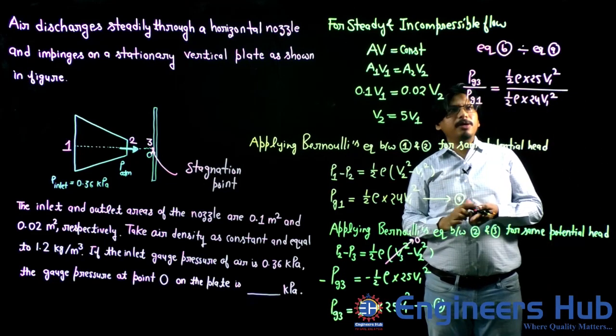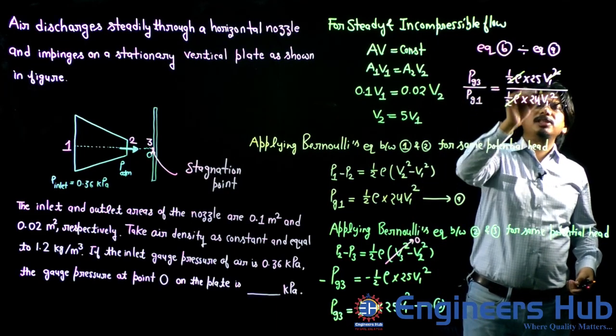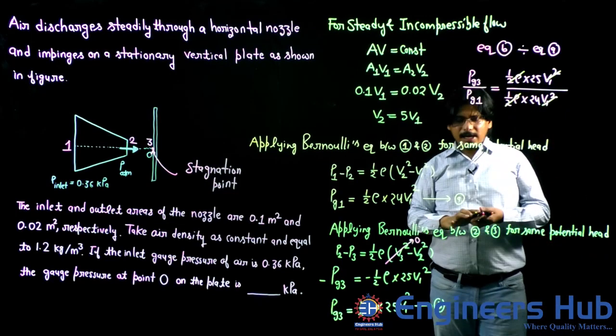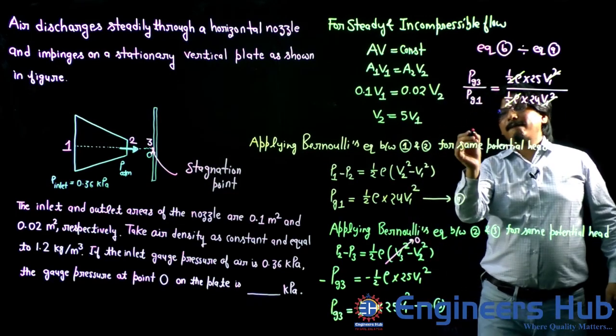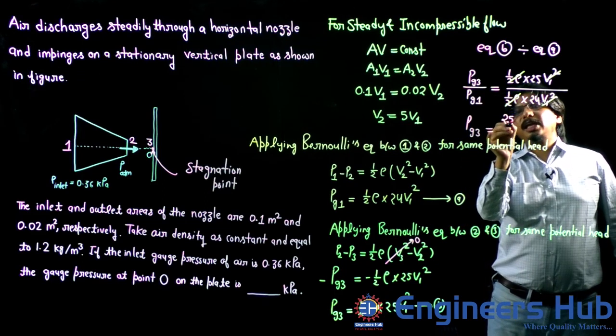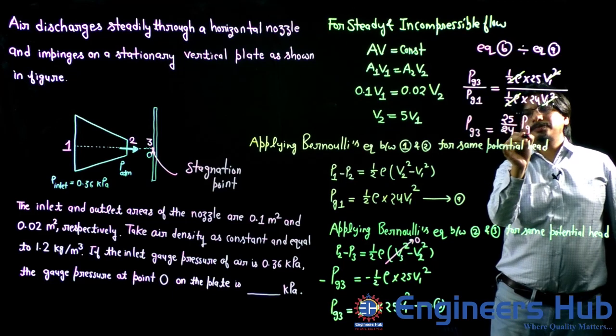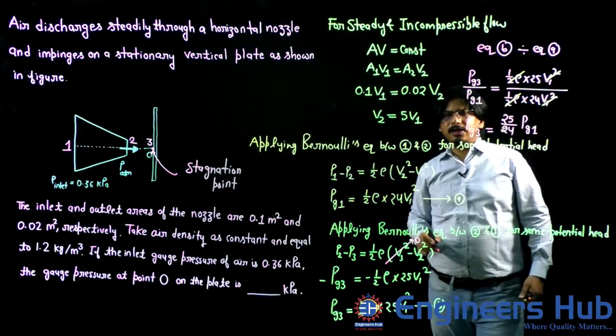If you observe carefully, the half rho will get cancelled, and V1 square will get cancelled. So Pg3 will be 25 divided by 24 times Pg1, and this Pg1 is already given in the question.